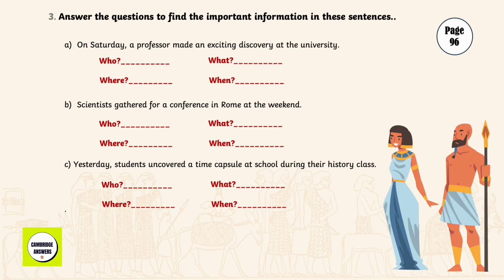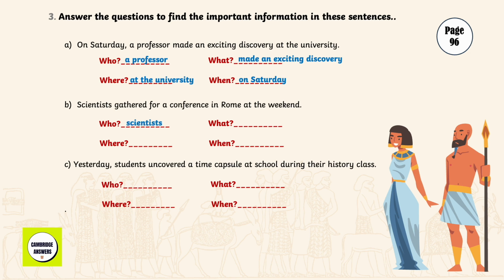Answer the questions to find the important information in these sentences. On Saturday, a professor made an exciting discovery at the university. Who, a professor. What, made an exciting discovery. Where, at the university. When, on Saturday. Scientists gathered for a conference in Rome at the weekend.